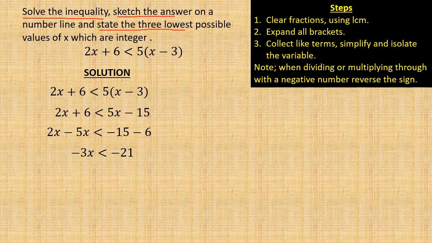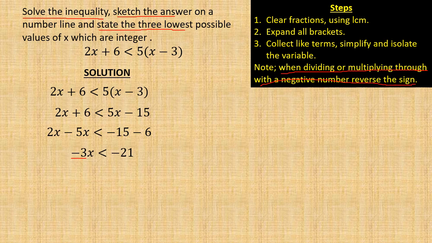But note, there's a red flag here. We are dividing both sides by minus 3. I must be very careful when dealing with that because when dividing or multiplying through with a negative number, the sign is reversed.